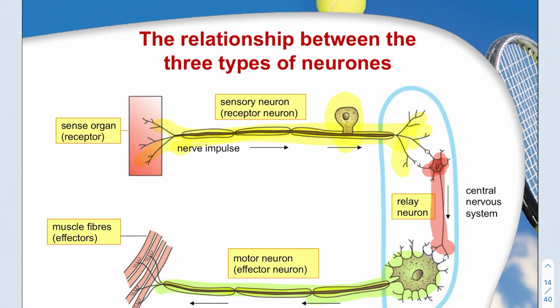So one difference between the sensory neuron and the motor neuron is the position of the cell body, where in the sensory neuron the cell body is located in the middle of the neuron, whereas in the motor neuron the cell body is located at the end.